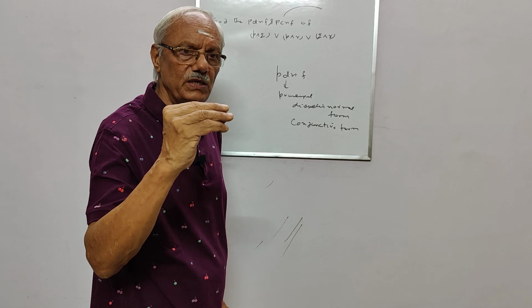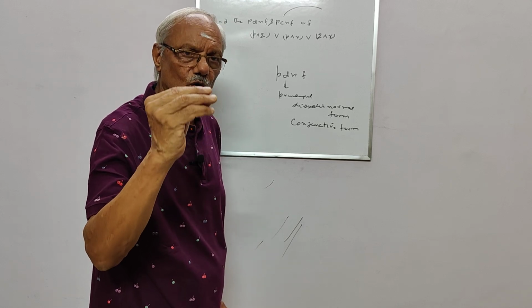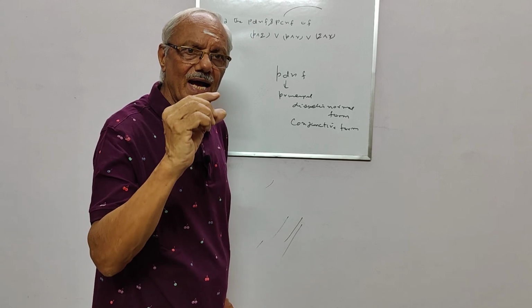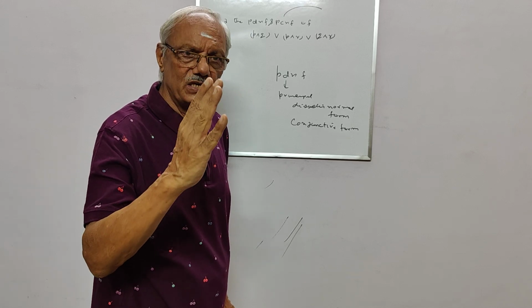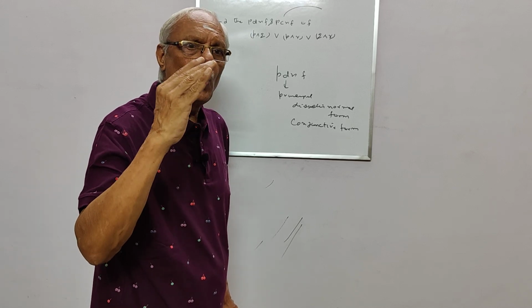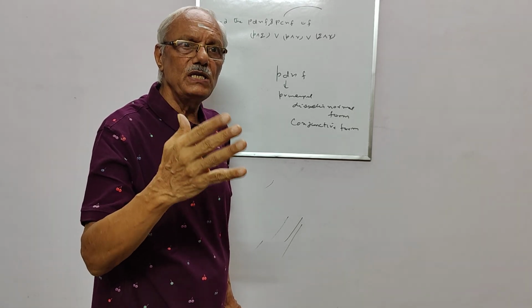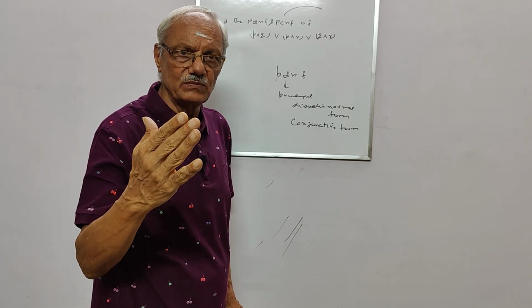I told you the meaning of PDNF is principal disjunctive normal form. That means you are going to express it as the disjunction of min terms. I have already taken in one of my classes the meaning of min terms and max terms.